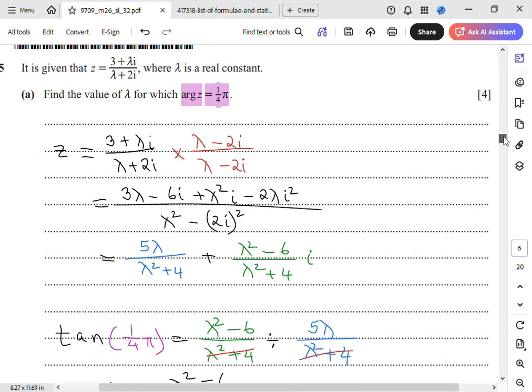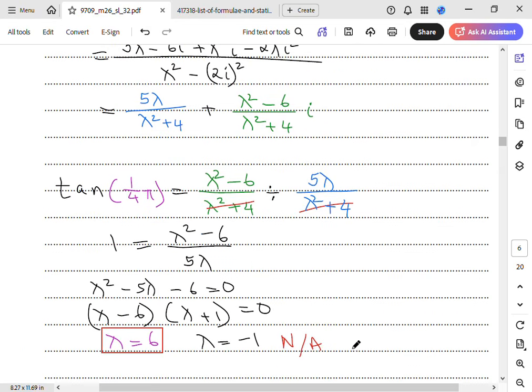But the question says find the value of lambda. So you have two values, and you have to figure out which one is valid and which one is not. So how do I do that? Let's see why one of them is not applicable.